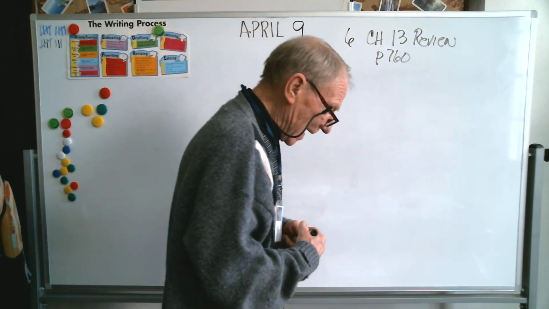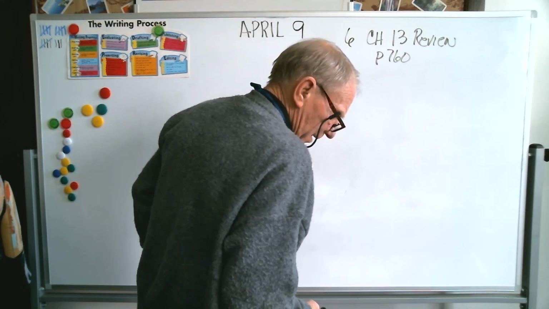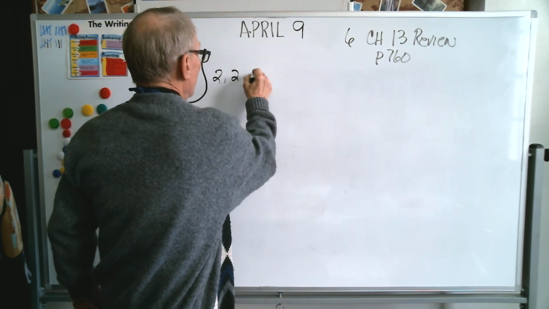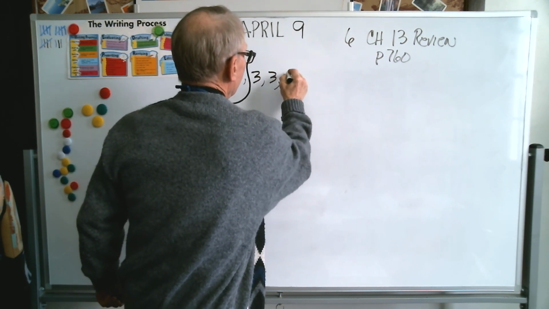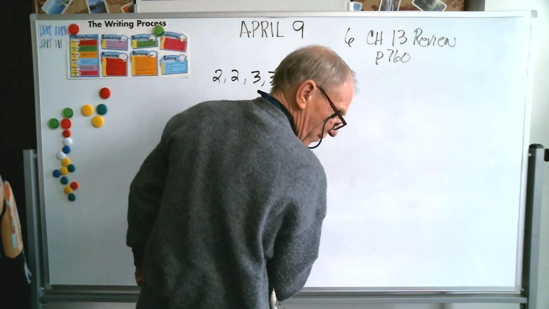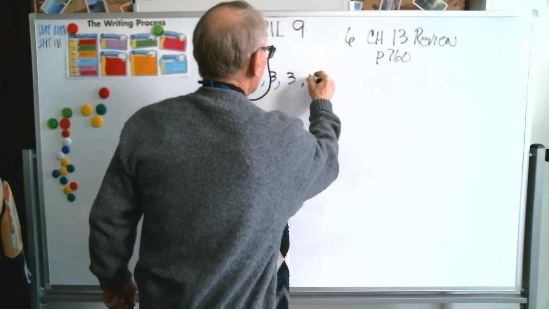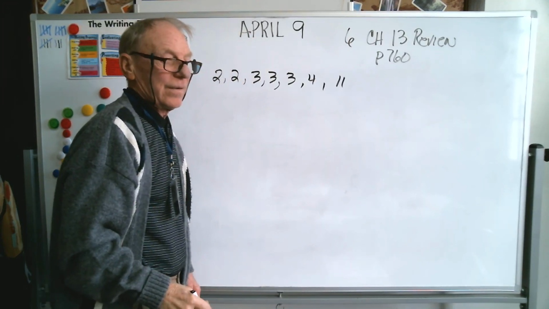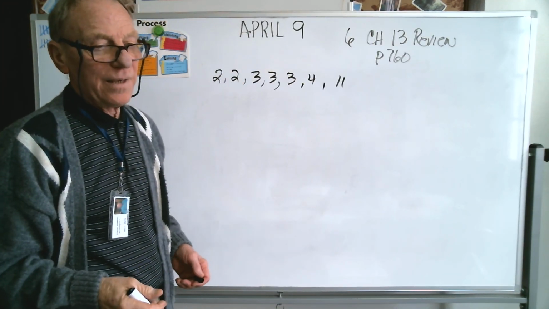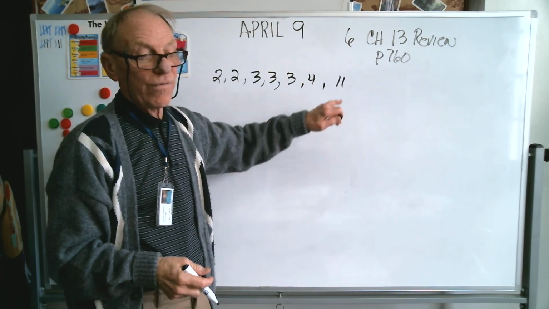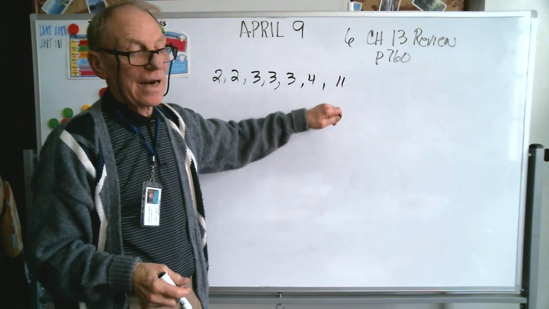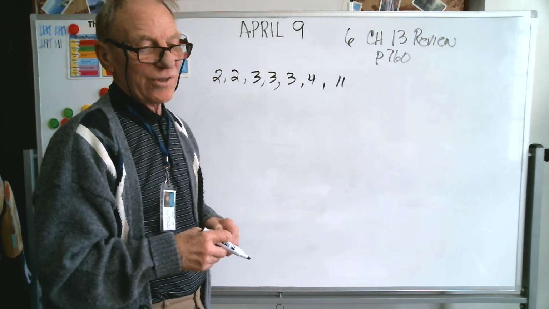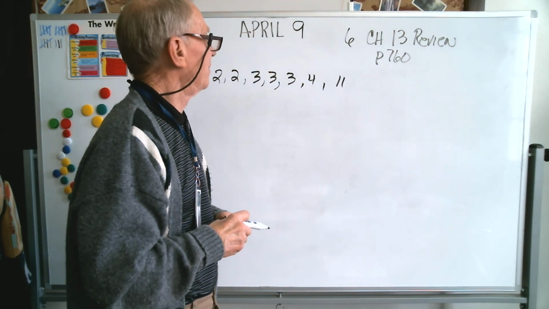Well, when you look at the data, you got 2, 2, 3, 3, 3, and then you've got a 4, and then an 11. Well, here's the first thing that jumps out at me. The gap between 4 and 11 makes 11 an outlier, and that's going to skew your data.